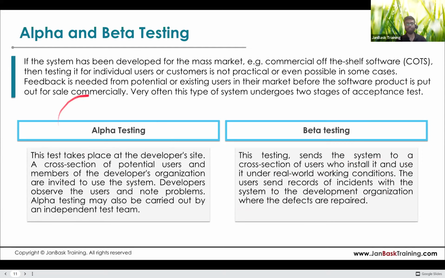This is something you need to remember because it is asked in interviews: what is alpha testing, what is beta testing? Alpha testing is done by the client and some members from the development side. Beta testing is done by real life users, who provide their feedback, and accordingly the changes are done.